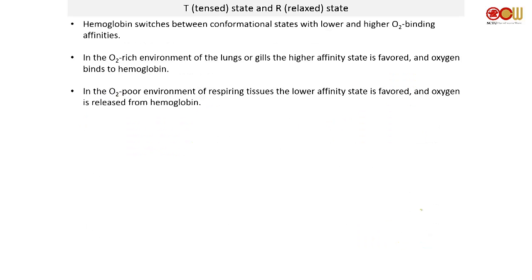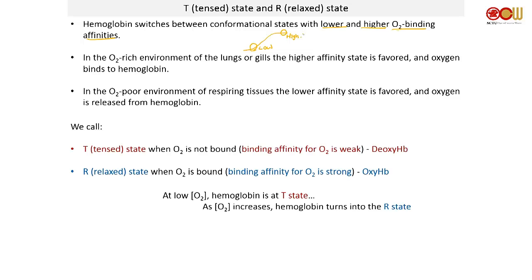So here we're going to say hemoglobin can switch between conformational states with lower and higher O2 binding affinities. We saw that it changed affinity from low to high. Generally speaking, this term is used a lot.